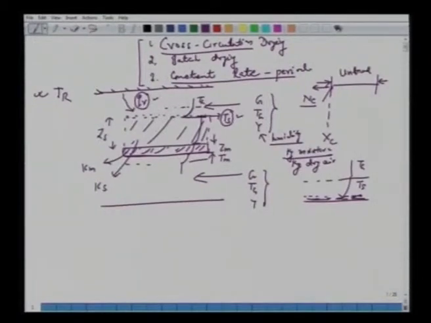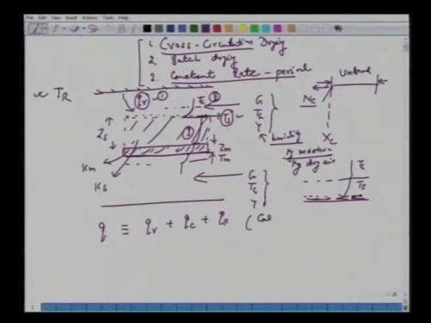So the solid surface receives heat by the third mode, which is conduction. One is by radiation, two is by convection, and third is by conduction from the bottom. So we have three components of heat here: Q equal to Qr plus Qc plus Qk for conduction. Okay, and all of this is heat flux here.